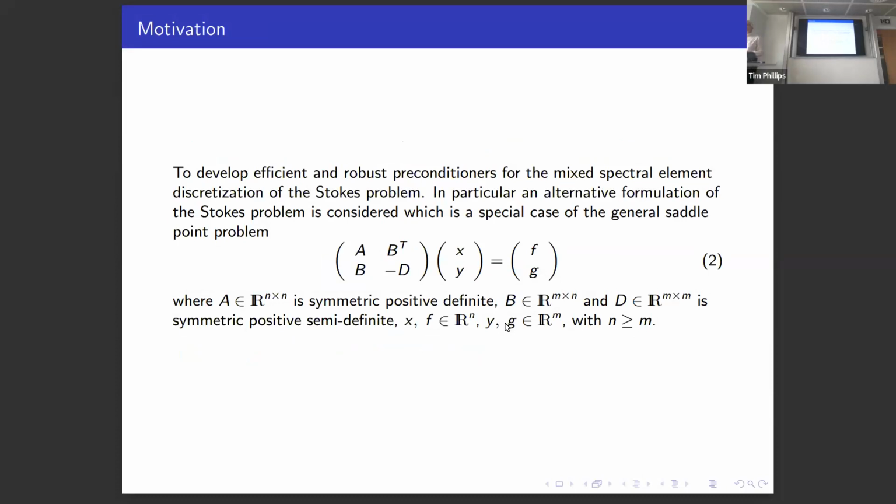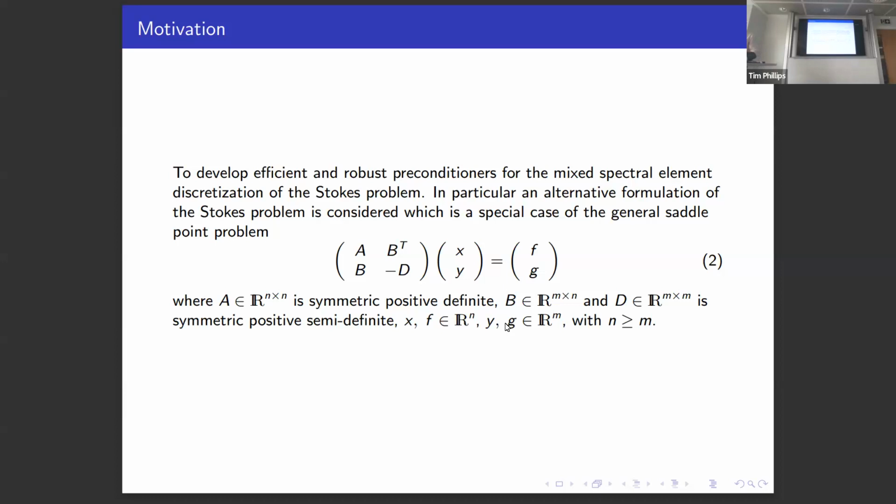The motivation behind this talk is being able to solve discretizations of the Stokes problem in an efficient and robust manner. If we look at discretizing the governing equations using either a finite element or a spectral element approximation, we arrive at systems of equations of the form given by equation 2.